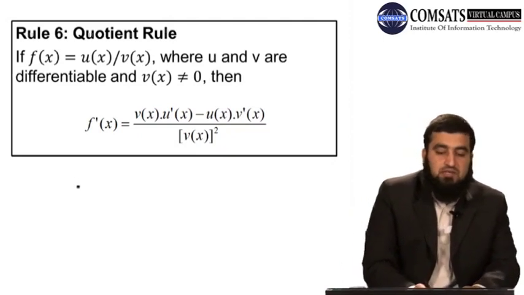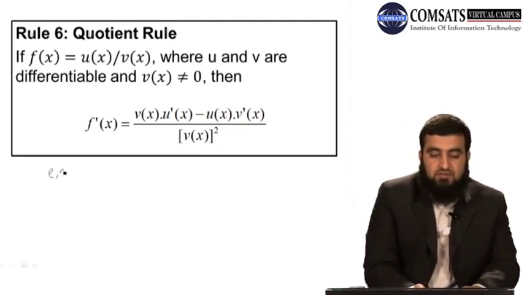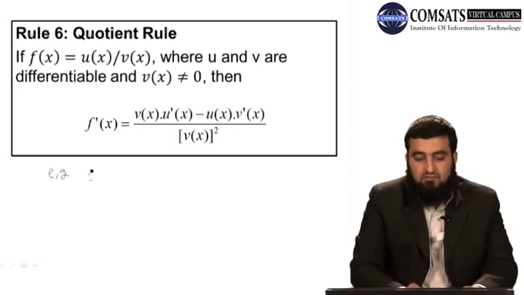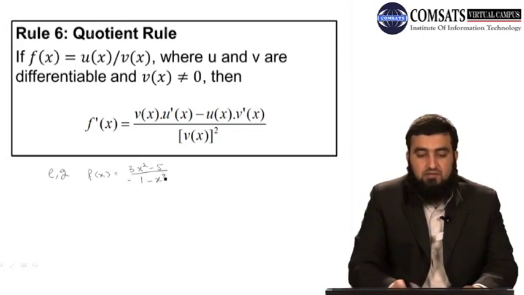So let's have an example of this function. So f of x is given by 3x square minus 5 divided by 1 minus x cube.